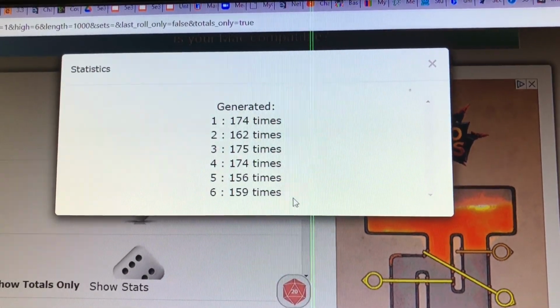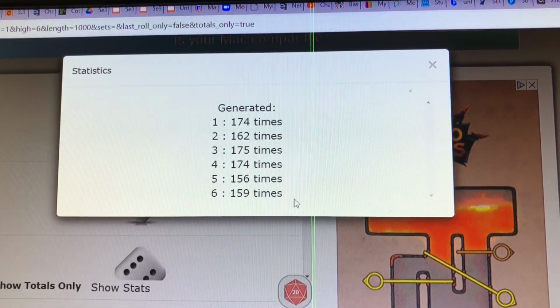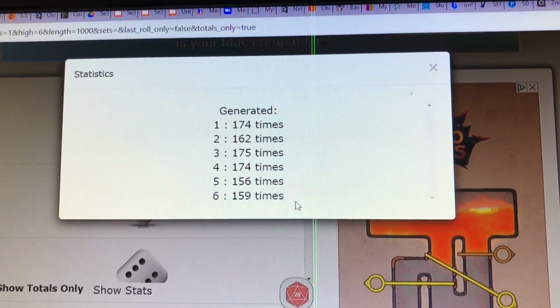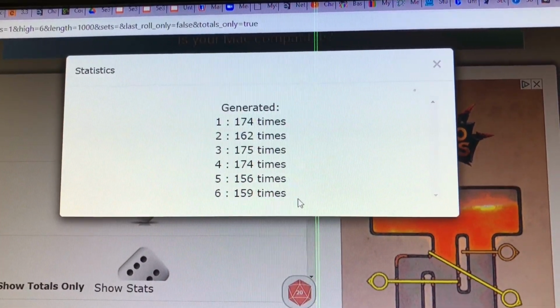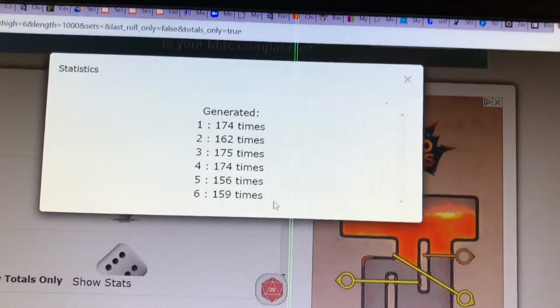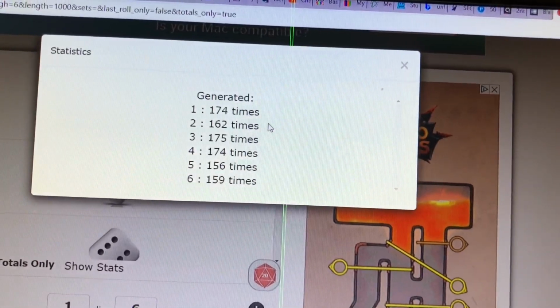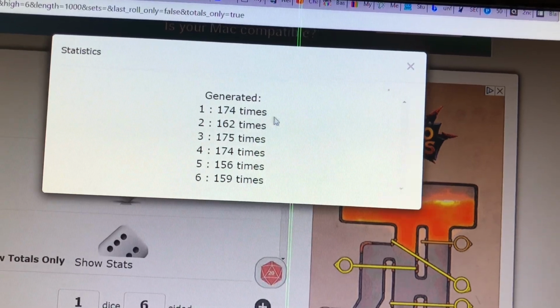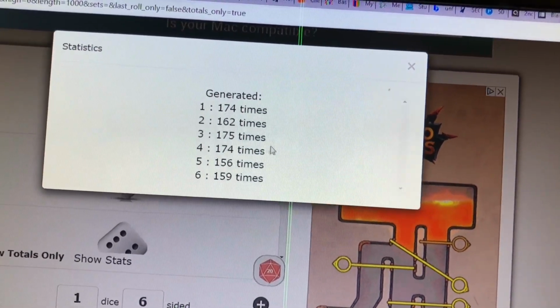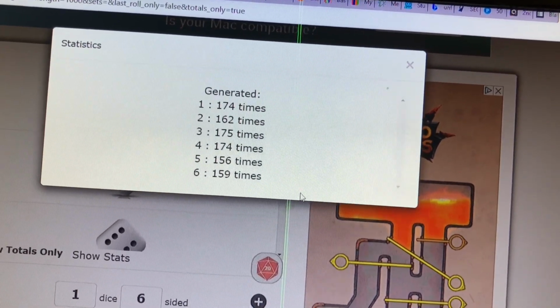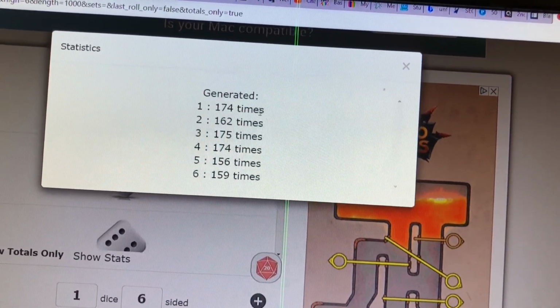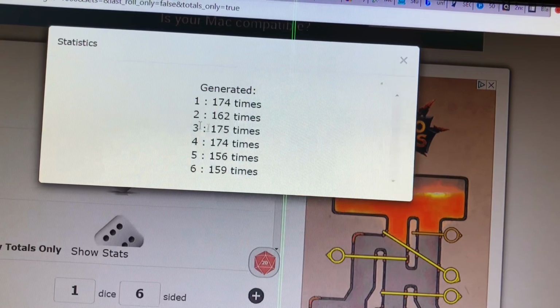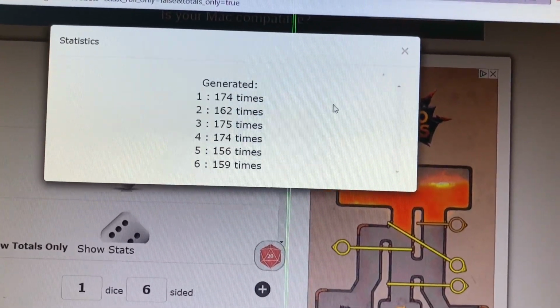So 1/6 of 1,000 means 1/6 times 1,000. And that's the number 166. So if the die is fair, the exact probability is that each number would be rolled 166 times. It's just like we divided 1,000 by 6.